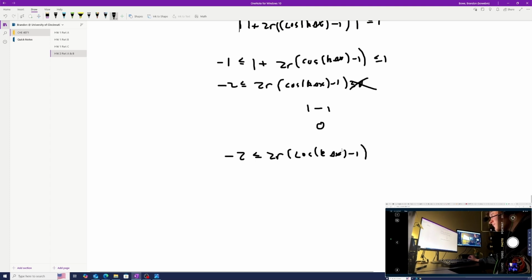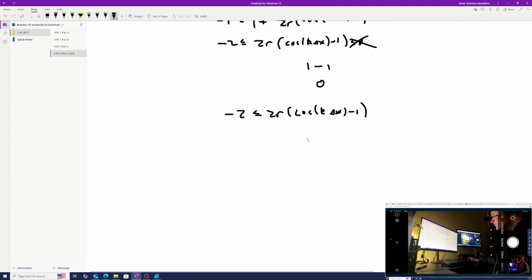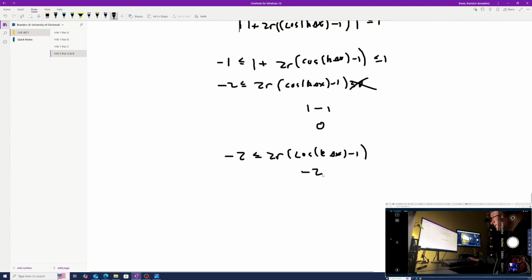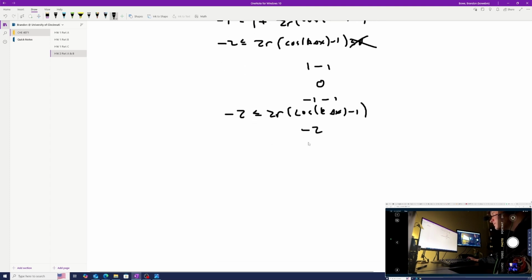And from here, we know that our minimum value for cosine is negative 1, meaning that the most extreme this could be is negative 1 minus 1, giving us minus 2, which ends up giving us negative 2 is less than or equal to negative 4 times r, and we would now just divide both sides by 4 and flip the sign.